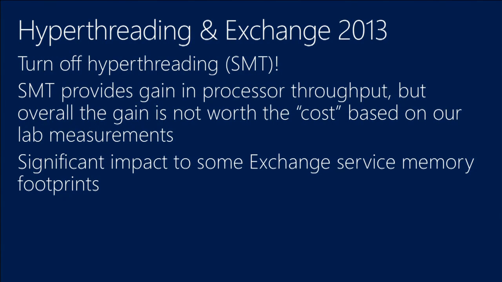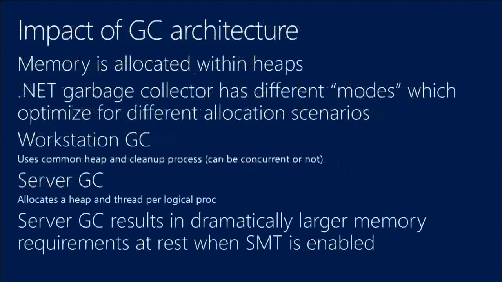The problem is we see a dramatic increase in memory utilization. And that actually comes from the way the .NET framework works. Without going into too much detail, I'm happy to go into as much detail as you want if you want to ask me questions afterwards. Basically, there's two different ways .NET will allocate memory for processes, and that depends on whether those processes are designated as workstation processes or server processes.